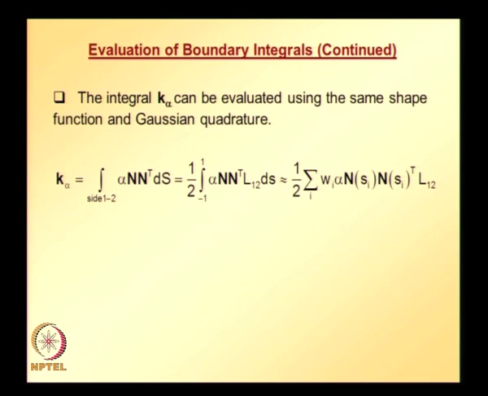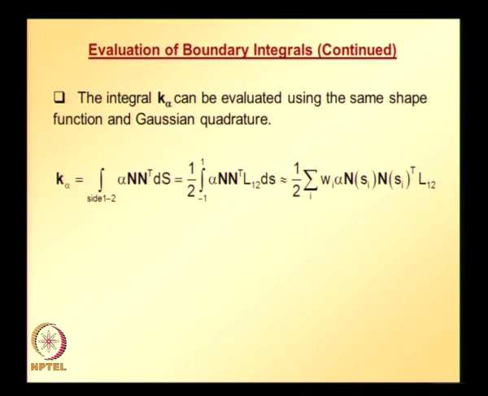The only difference is that different shape functions are 0 along different edges. I think you agree with me on that. So we need to take care of that when we are evaluating these integrals, and we need to be careful along which side we want to evaluate. We need to substitute the corresponding shape function vector.